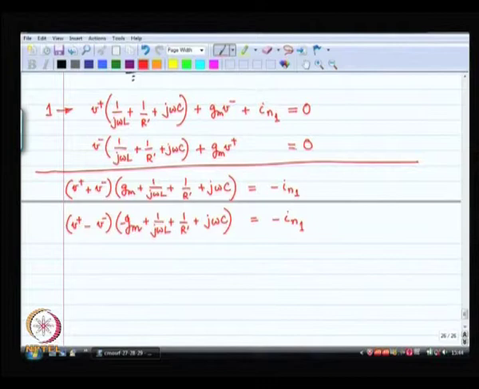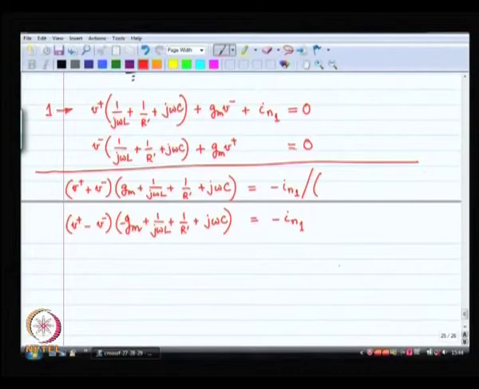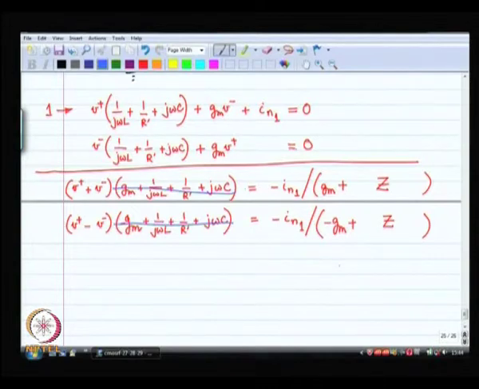And you can transfer one of these terms in common to the other side, to the right hand side. So, instead you are going to get, okay, that is what I am calling Z over here.